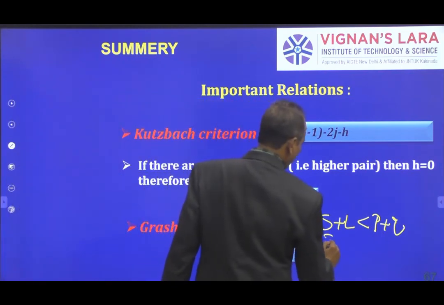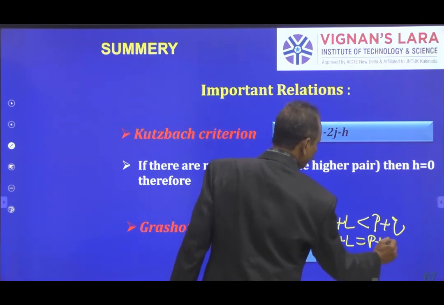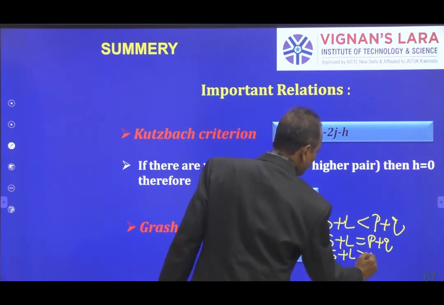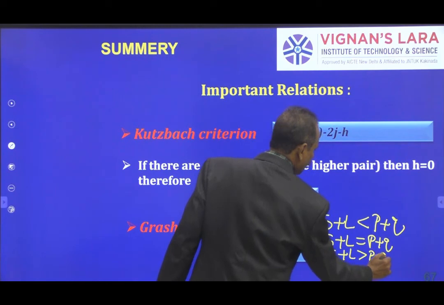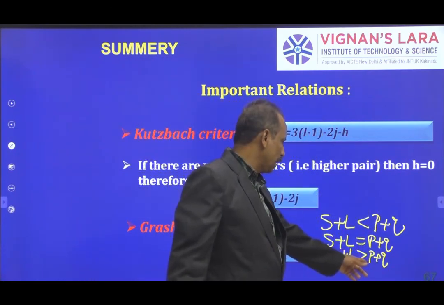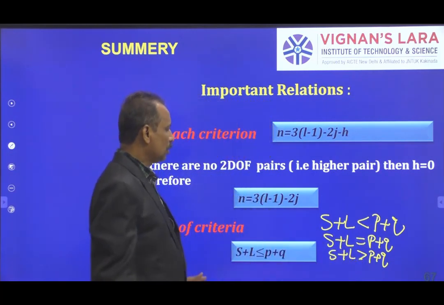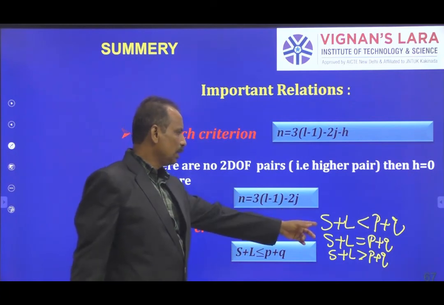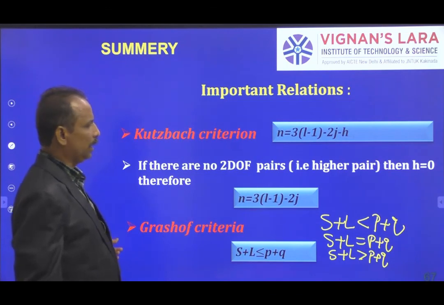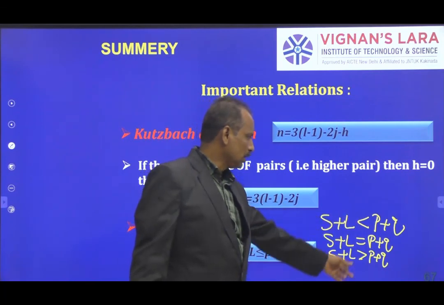Then S + L equal to P + Q, and S + L greater than P + Q. We said this is the class 2 type of mechanism, a special mechanism under the Grashof criterion. We have seen these 3 and their practicality in the four-bar chain. We have seen all these things.